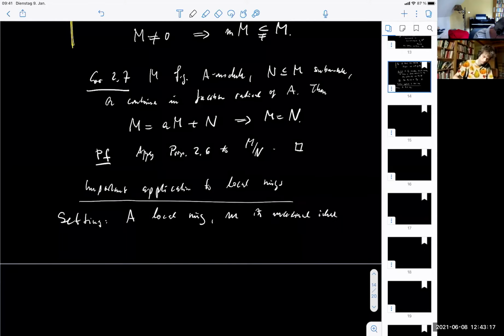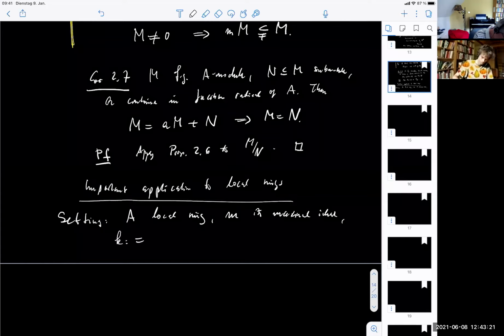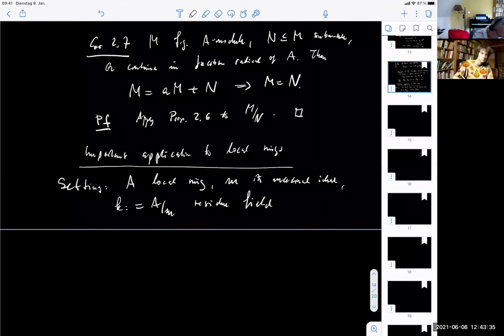Then I give a name to the factor ring, which is a field: A mod M is a field. So this is the residue field. These notations are very standard. Now I have an A module, let M be an A module.